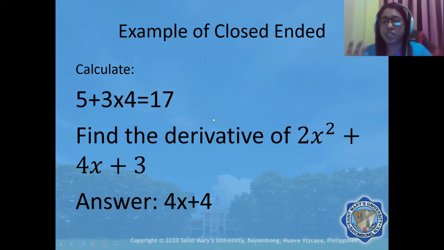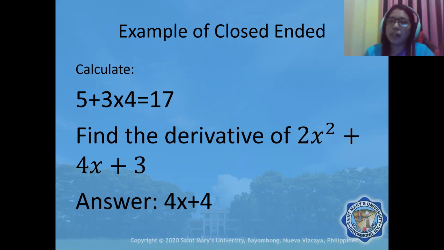Or if you are asked to find the derivative of 2x squared plus 4x plus 3, you will get only one answer, and that is 4x plus 4. You can come up with two solutions here, using the rules or using the limits, but you will get the same answer. It is still 4x plus 4.